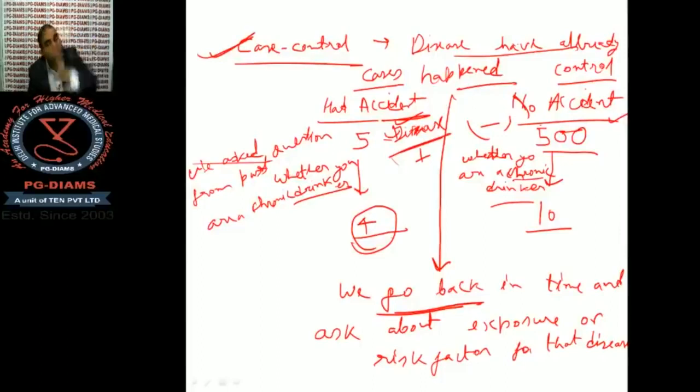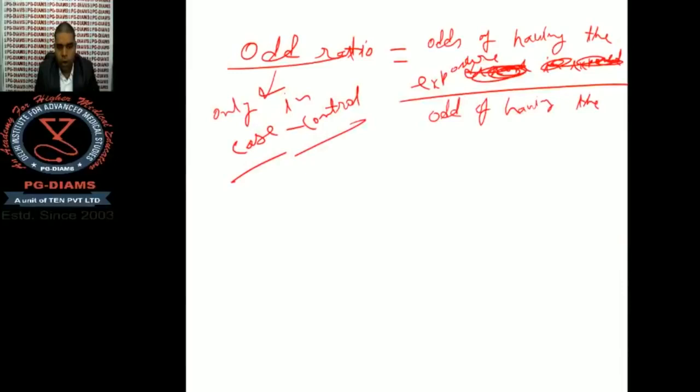So you know about disease, but you do not know whether the exposure was present or not. So in odds ratio, odds of having the exposure in total diseased by odds of having the exposure in non-diseased, okay.